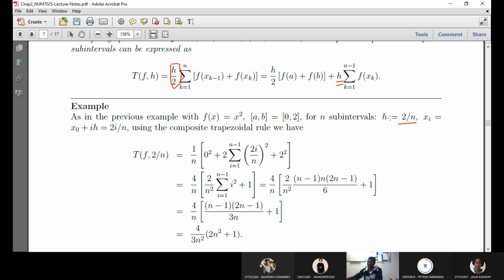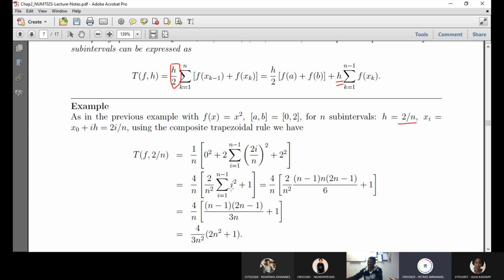h by 2 is 2 by n by 2, so it will be 1 by n, because the 2 cancels out, which we have here. And then we have f of a and f of b, and the remaining term, which is twice the sum of the interior points.